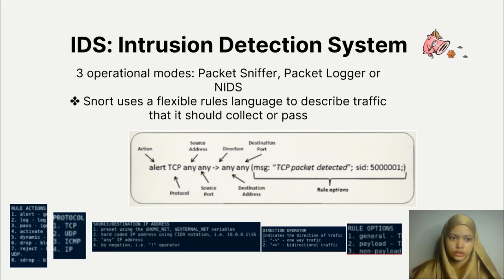Also for the source, we have any for any port, static port definition, range, and also negation notation, which is the exclamation point, meaning not. You are going to see this better in the live demo, so I'm just briefly explaining. And also we have rule options here, which is general.